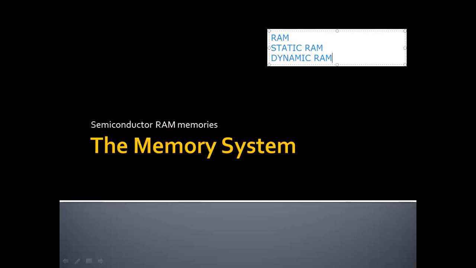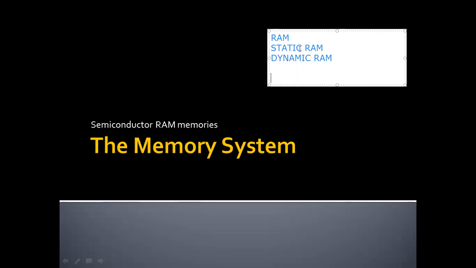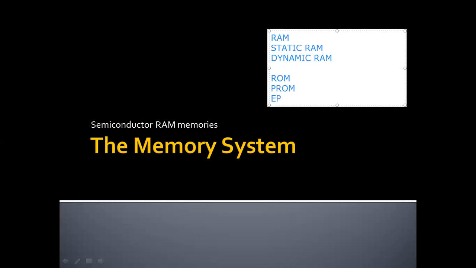Next, in ROM also we have types. ROM means read only memory. Here we have PROM, that is programmable read only memory. Next, EPROM, erasable programmable read only memory.